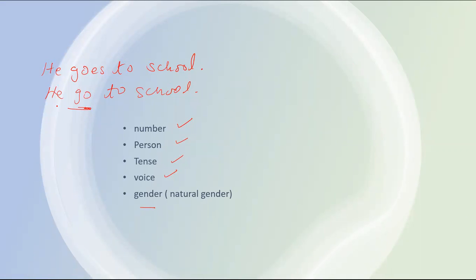Why? Because we need to have es over here, as he is the third person singular. So that means we got to see whether the verb agrees with the subject.